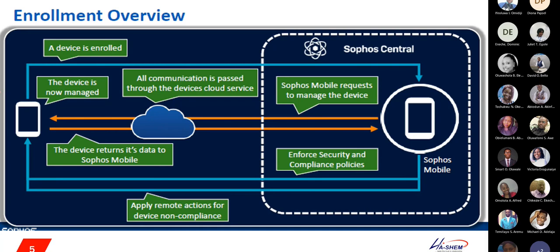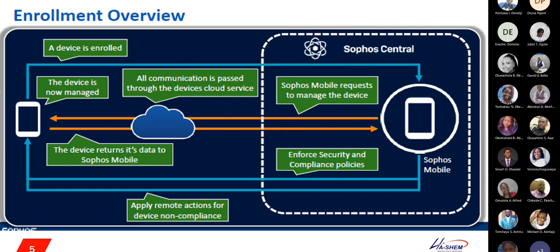And ideally, if you are using this mode, you should be looking to move away from it. To use the built-in mobile device management protocol of iPhones, iPads, and Macs, Sophos Mobile must use the Apple Push Notification service, that is the APNs, to trigger the exact Apple device that you are looking to onboard on Sophos Mobile.